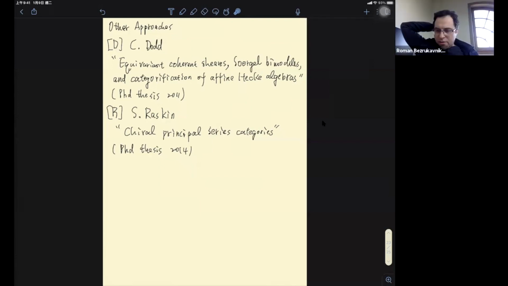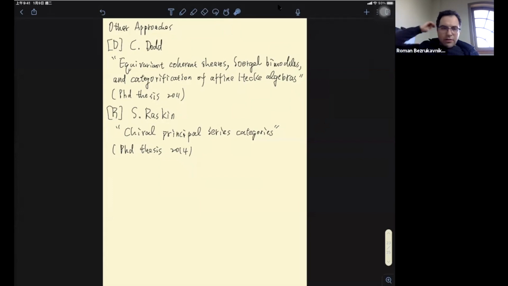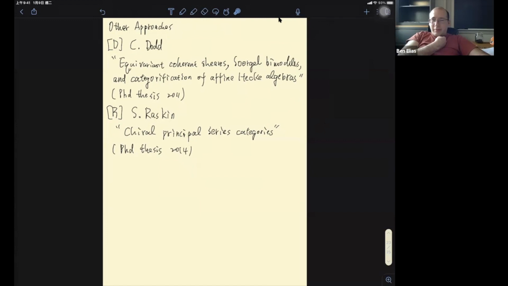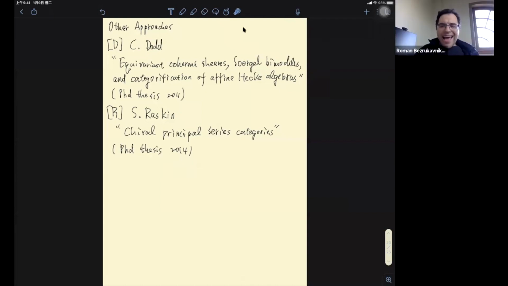So there's a question from Ben. Ben is asking whether the object V lambda on G mod N, with the appropriate number of tildes and hats and squiggles... Sorry, N mod.